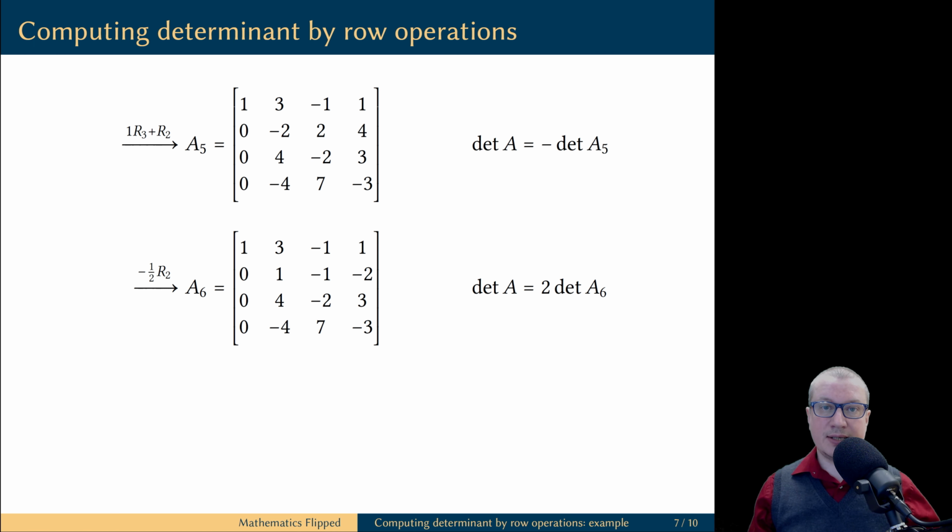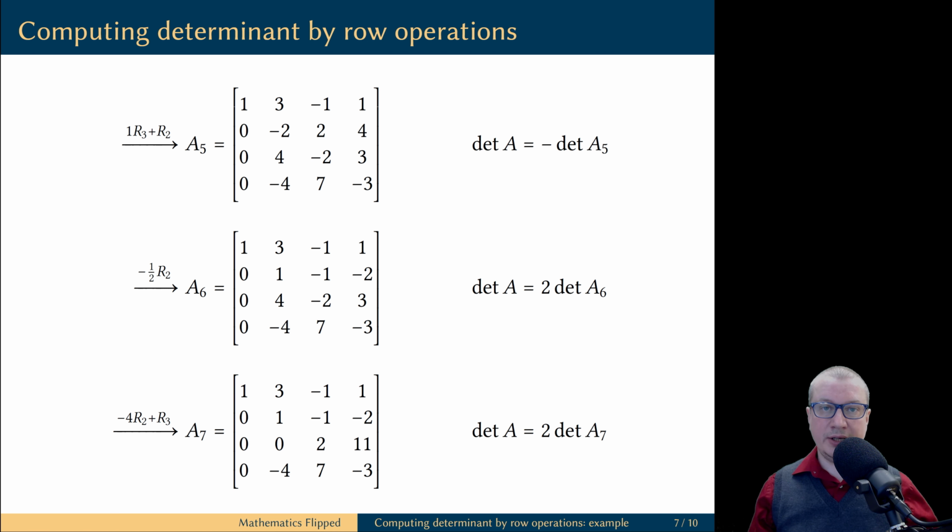Well, it's because A6 is a new matrix, and the determinant of the new matrix is the determinant of the previous matrix scaled by -1/2. But in our expression, we write the determinant of the original matrix in terms of the determinant of the new matrix. Therefore, the old determinant is a multiple of -2 of the new determinant.